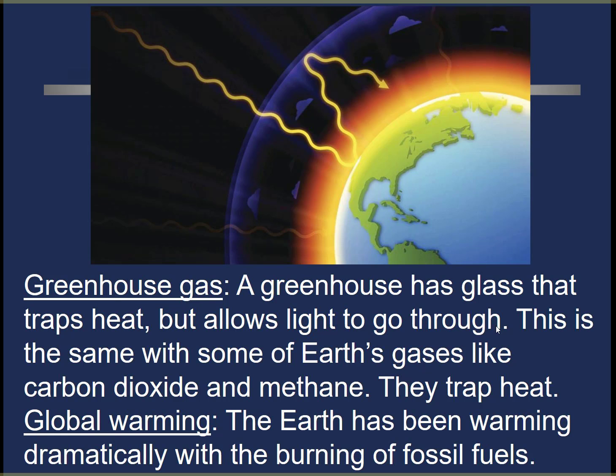Some of these gases are CO2 and methane. There are other gases too, but carbon dioxide and methane are greenhouse gases. What they do is, when they're in the atmosphere, they help that heat to stay on the surface of the earth. So this contributes to what's called global warming.